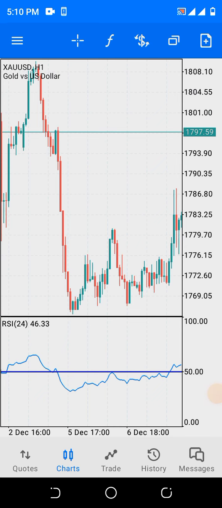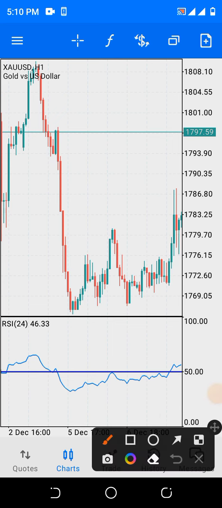Look at the RSI section on the side. This is where I want you to pay attention. You see this 50 mark? That is where I want you to focus.